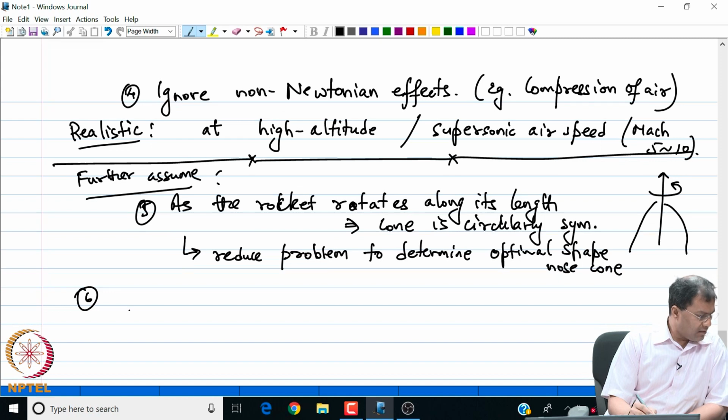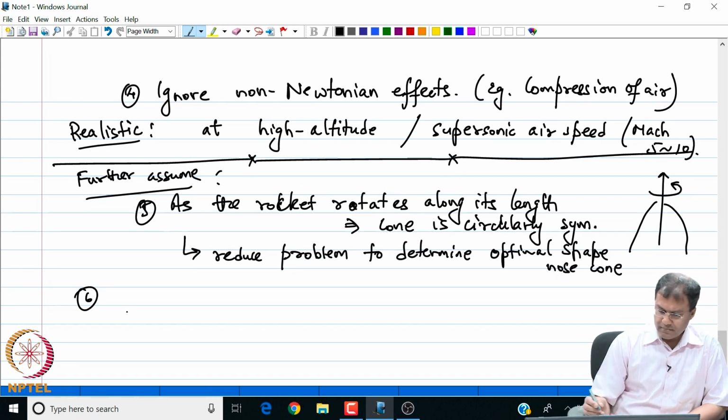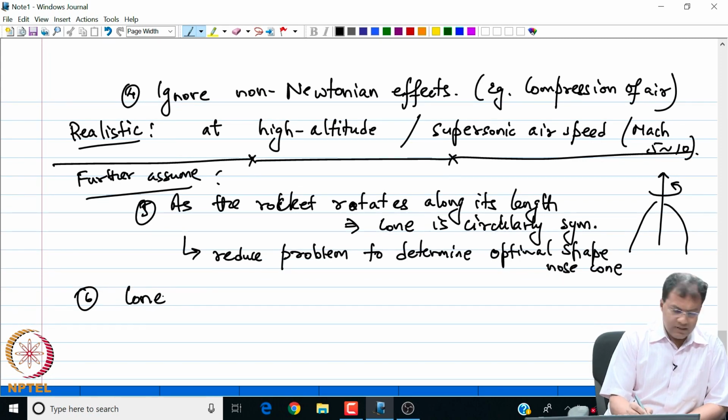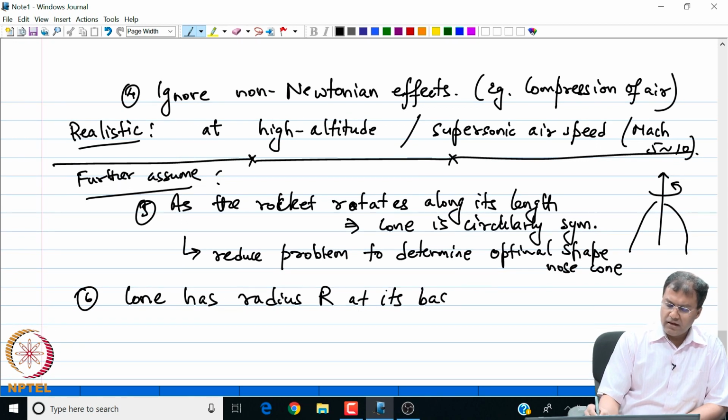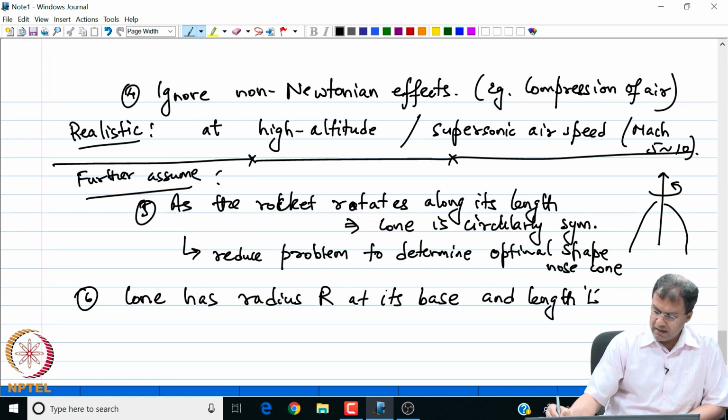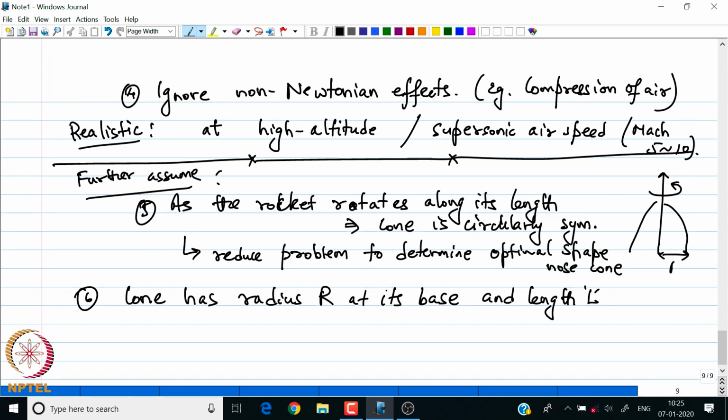Another observation is that the cone has a radius r at its base. I am just specifying some dimensions of the object, and length L, which means that at the base the radius of the cone is r and the length of the cone is capital L.